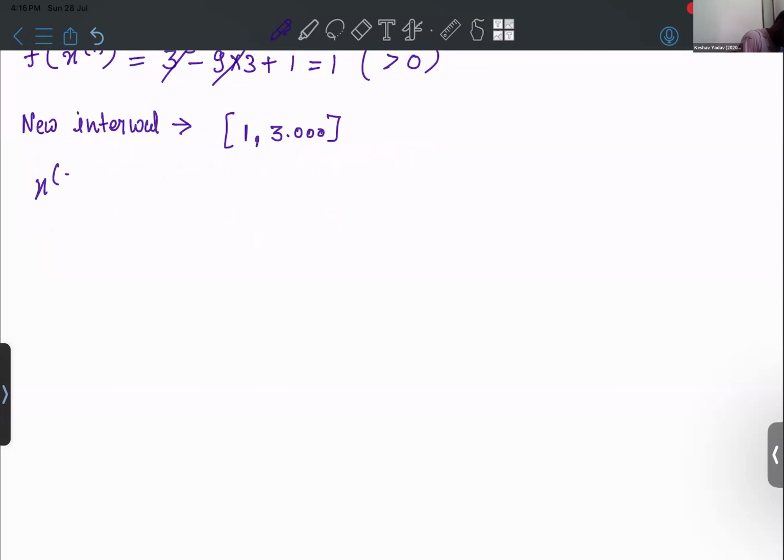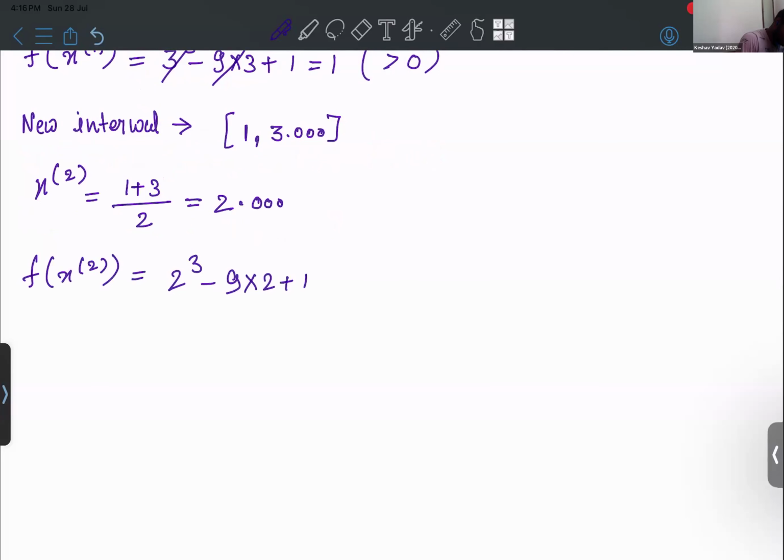Now, what will be the x at the second iteration? 1 plus 3 by 2. This will give us 2, so 2.000. Now the function value at this will be equal to 2 cube minus 9 multiplied by 2 plus 1. So 8 plus 1 is 9, minus 9 gives 0... this is less than 0, so 1 will be replaced.